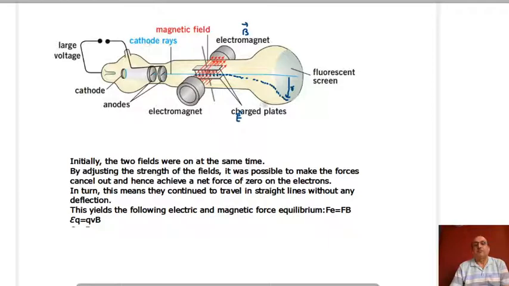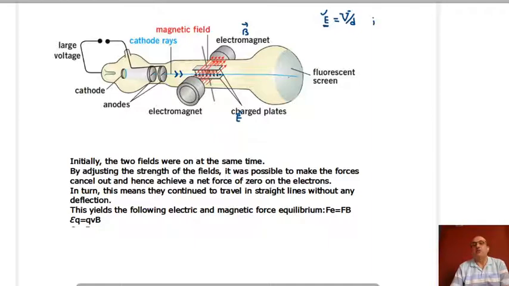Now the charge, that is the electron beam, is coming inside this electric and magnetic field. As we know, E is equal to V by D, so we may control the amount of electric field by controlling the potential difference between the plates. So we may adjust the voltage to get the proper amount of electric field.